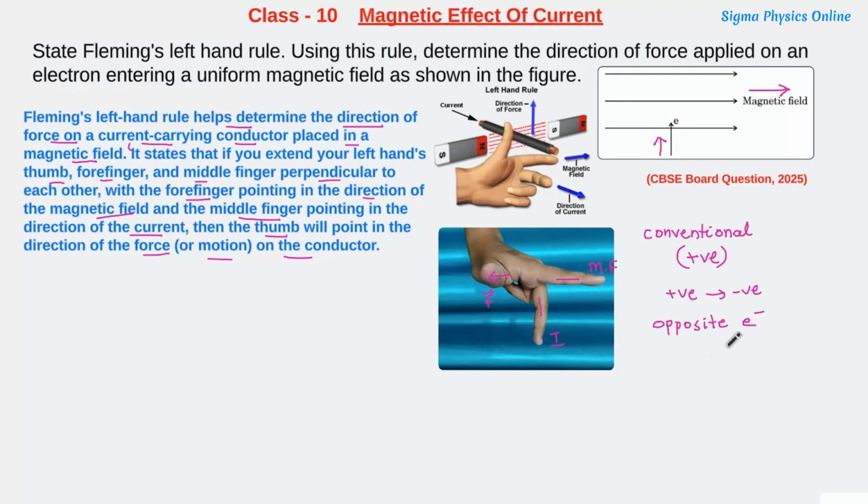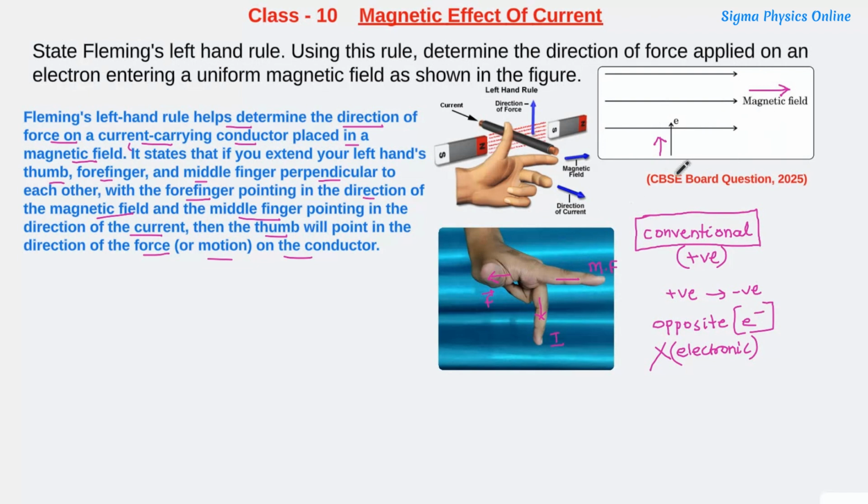That is, the conventional current is opposite in direction to the electronic current. So in which direction the electrons will move, representing the direction of the electronic current, the conventional current will flow in the opposite direction. So here we will always consider the conventional current as the direction of current flow and not the electronic current which is due to the electrons.